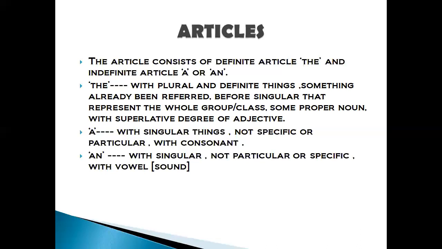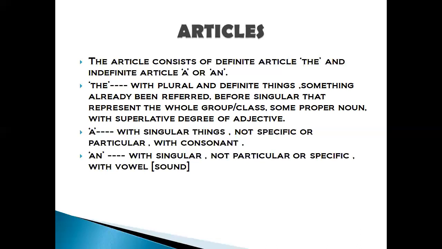And we use the with the superlative degree of adjectives, like Sean is the brightest kid in the whole class. A is used with a singular thing, not specific or particular, and with a consonant sound. An is also used with a singular, not particular or specific thing, and with a vowel sound.